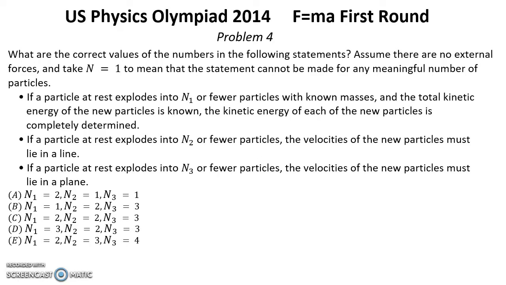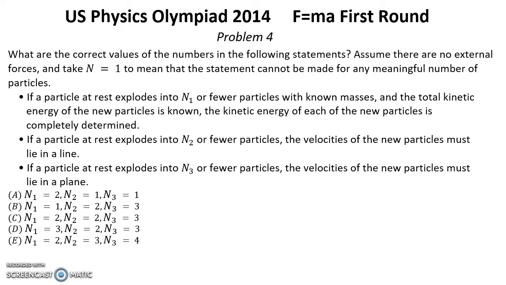However, note that the total momentum of the daughter particles must be 0. It is impossible for 2 non-collinear vectors to sum to 0, nor 3 non-collinear vectors. Thus, n2 equals 2 and n3 equals 3.